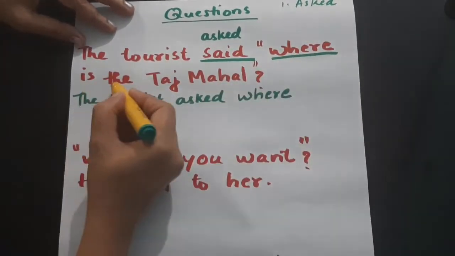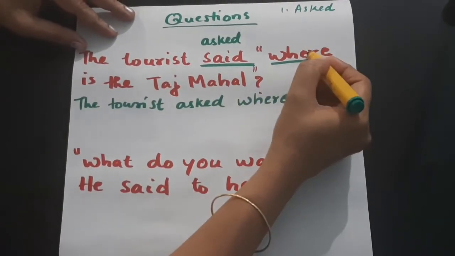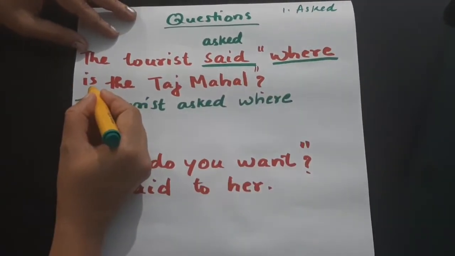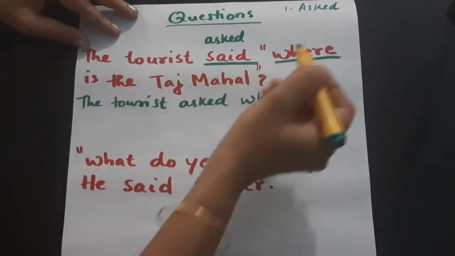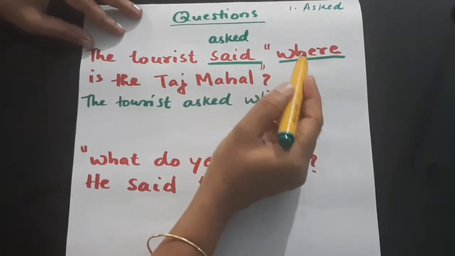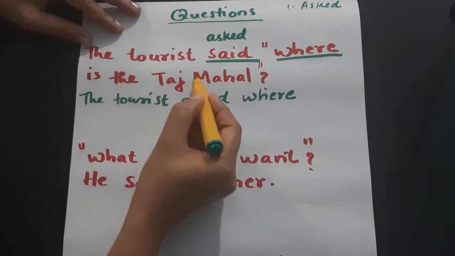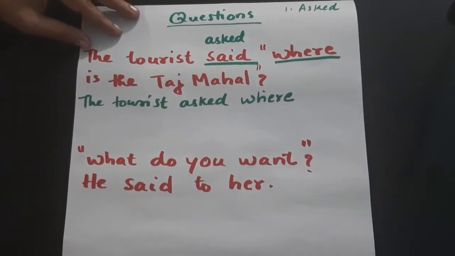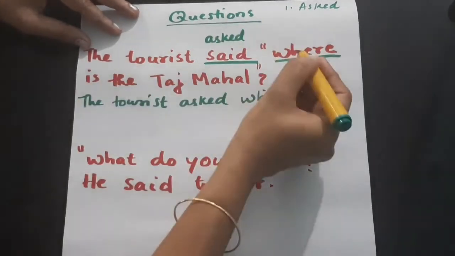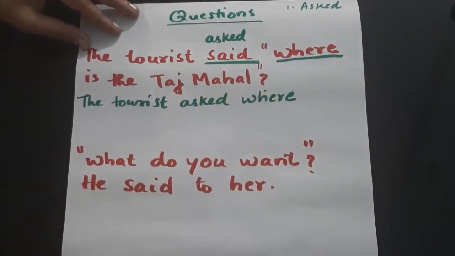Where is the Taj Mahal? See, question word, auxiliary verb, subject. So here you have the question format, that is question word, auxiliary and then subject. I told you that question format is to be converted to declarative form.